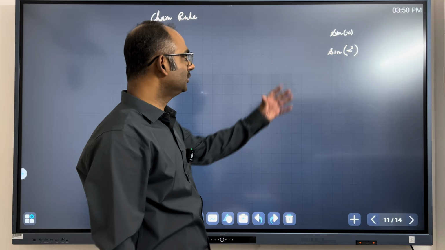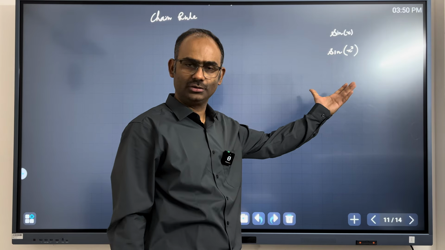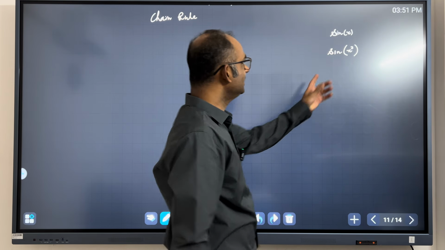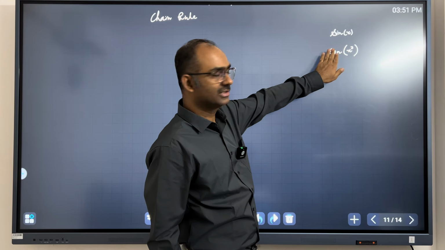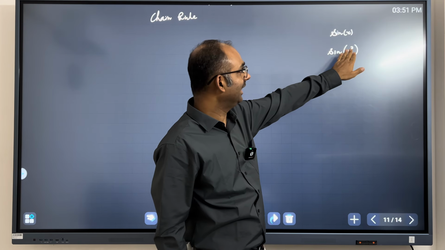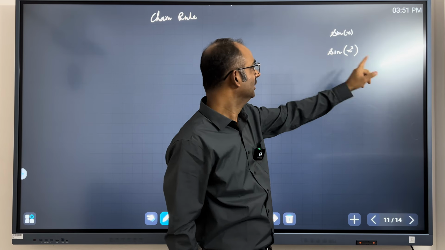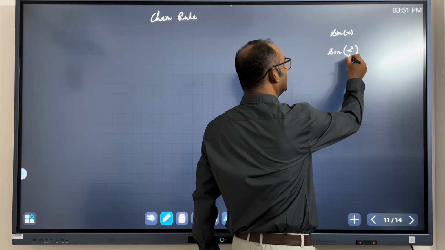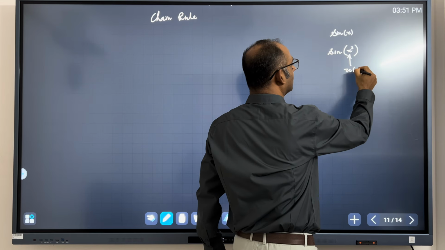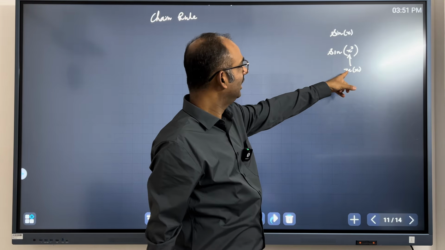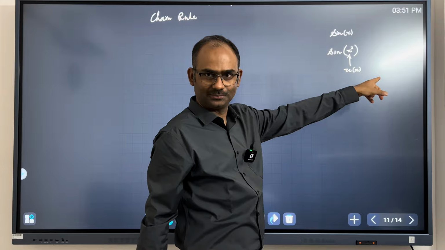Okay, so I'm going to tell you the rule which you have to use to do this, and of course that rule can be proved. So this is sine function applied on another function of x, which is x square. Okay, so let's call that x square as a function u. Okay, so sine is acting on u, and u is the function of x, right?